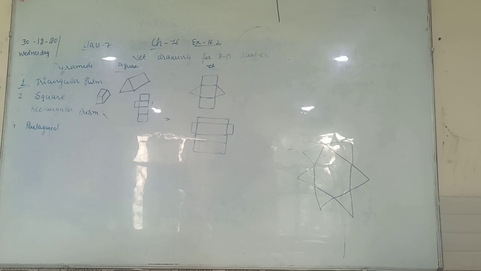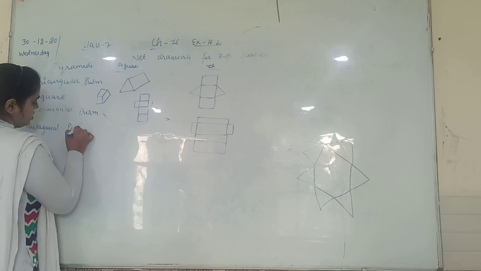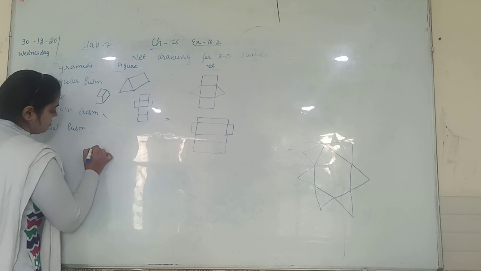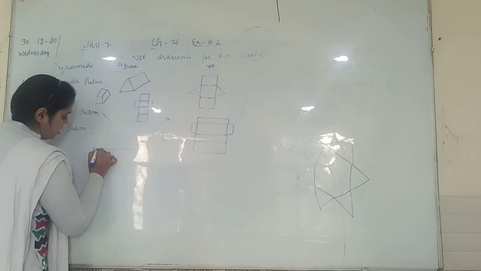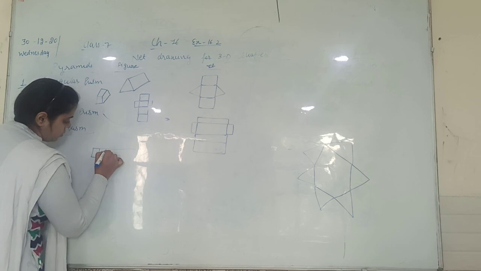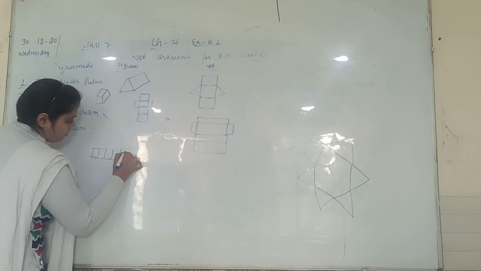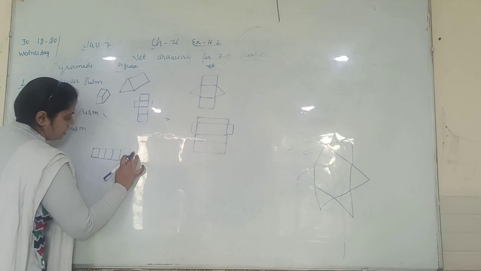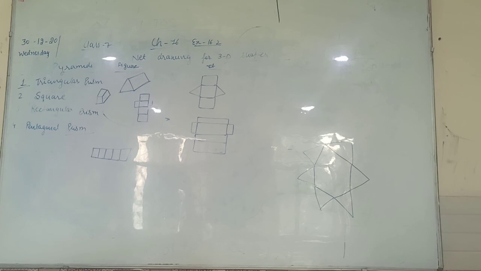And the next one is of pentagonal prism. So pentagonal prism has how many sides? 5. So see here, pentagonal prism, 1, this one, 2, 3, 4 and 5. How many sides are there? 5.